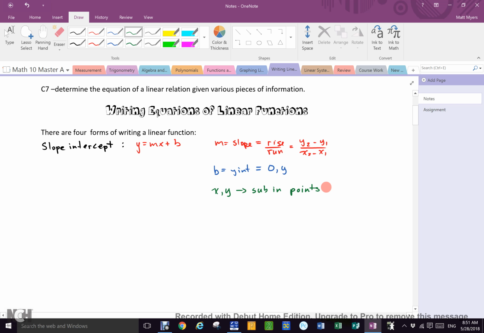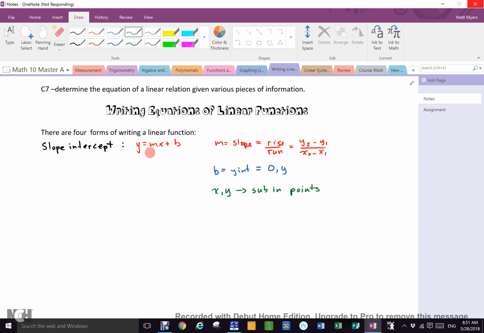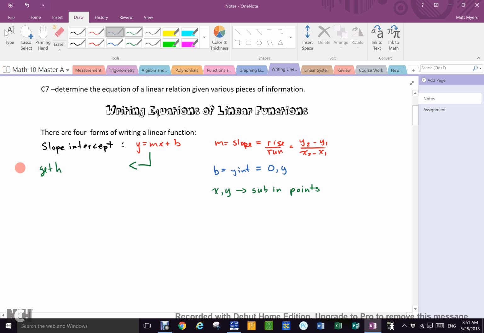Everybody knows that. Now, how do I get slope intercept form? I get this info by doing what? What do I have to do to any equation to get this info?